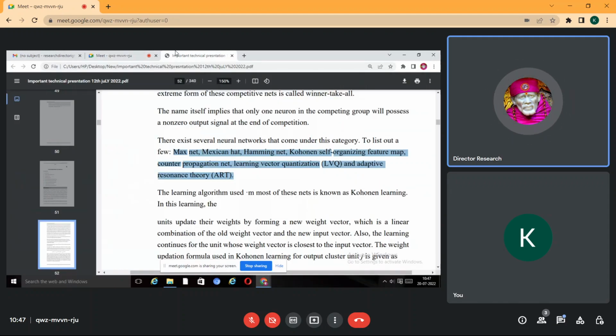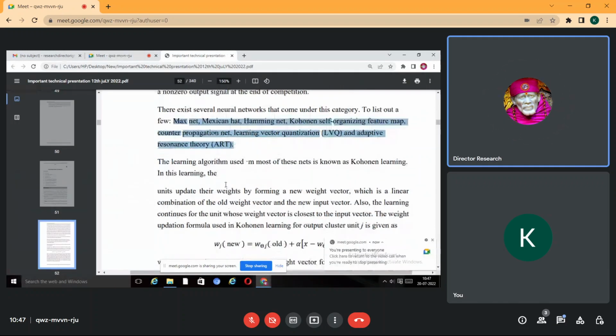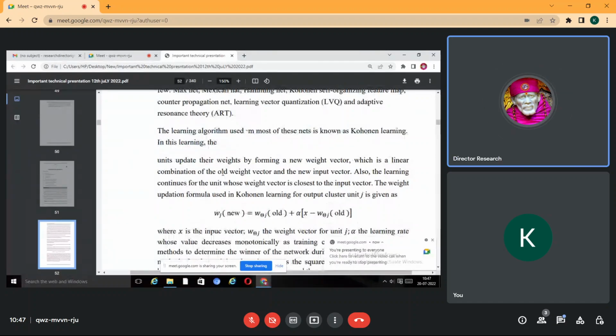The learning algorithm used in most of these nets is known as competitive learning. In this learning, the units update their weights by forming a new weight vector, which is a linear combination of the old weight vector and the new input vector. So the learning continues for the unit whose weight vector is closest to the input vector.